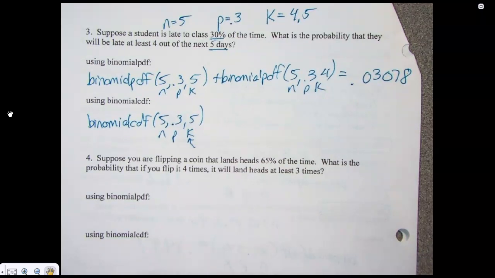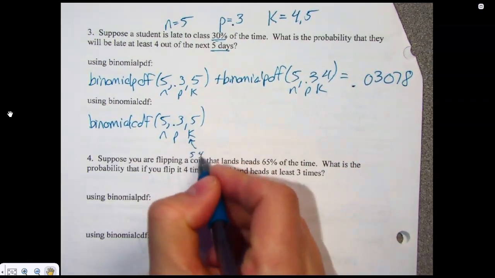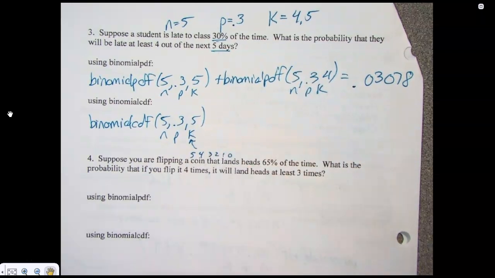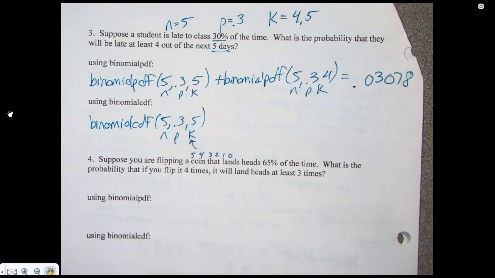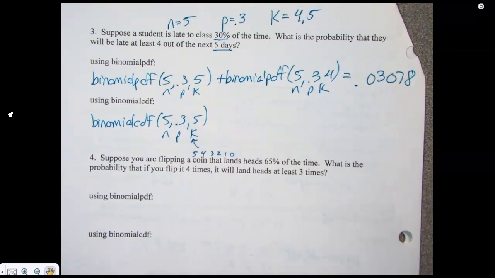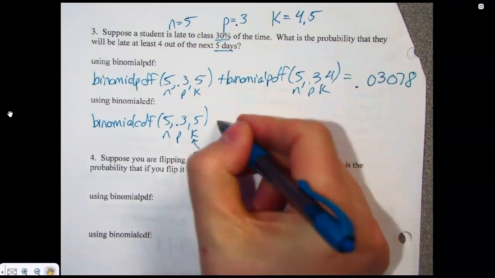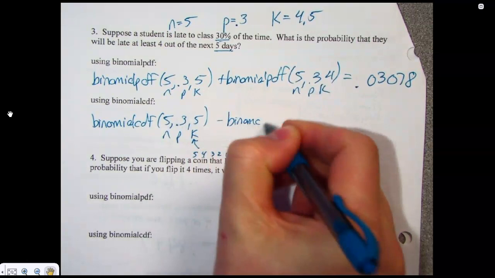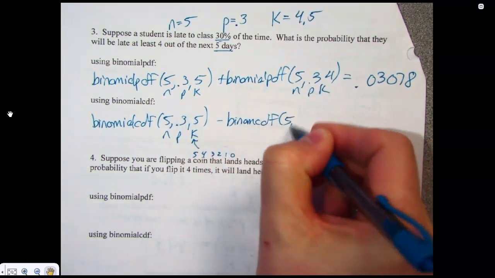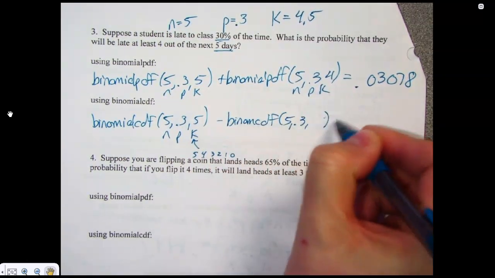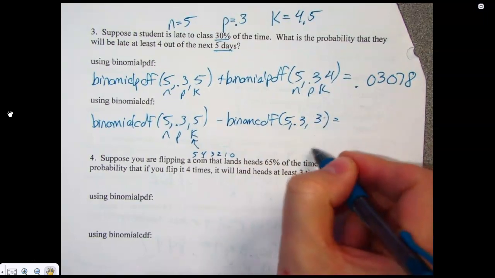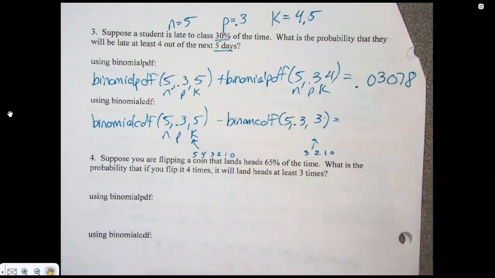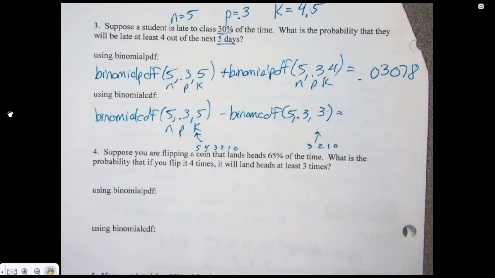Including, right? And below. So this just found 5, 4, 3, 2, 1, 0. Well, which one don't I want? 3, 2, 1, and 0. So I could get rid of them by subtracting binomial CDF of what? Of 3, because that would get rid of the 3, the 2, the 1, and the 0. And what are the only 2 numbers that are left then? The 4 and the 5.